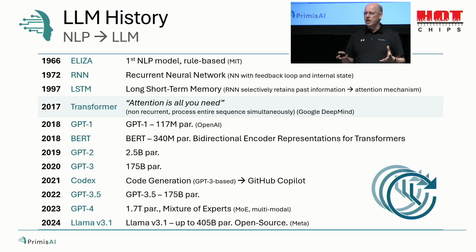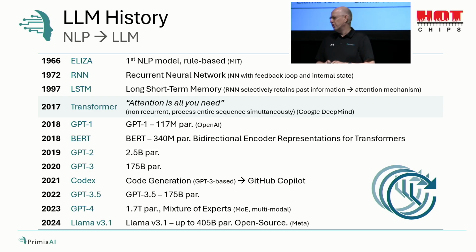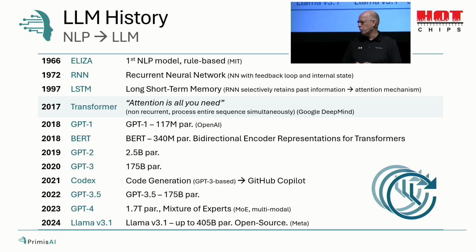Long short-term memory models would effectively adjust the state based on past information seen in the sequence. So it would remember information from further back, which was deemed relevant towards predicting the next element in the sequence. And that leads to the question, of course, which information do you decide to retain and which information do you forget? That effectively gave birth to the whole attention mechanism principle, which we'll talk about later.